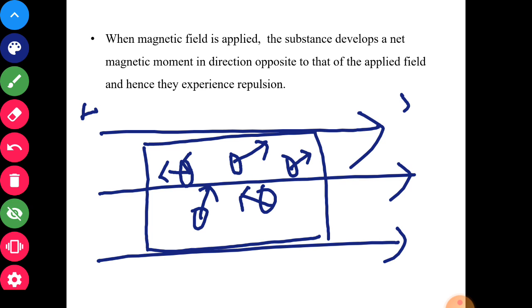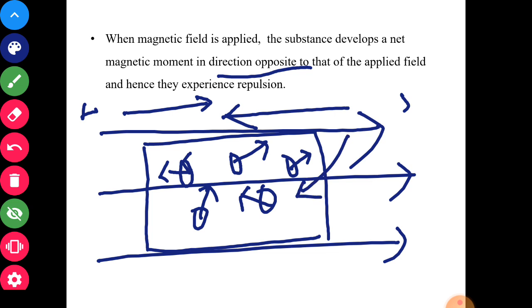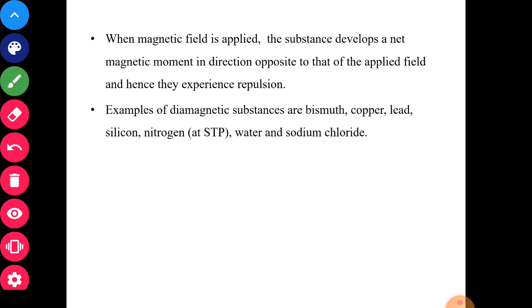Now all these magnetic moments will be aligned in the direction opposite to the applied field. The applied field is from left to right, so all the magnetic moments inside the bulk material will align in the opposite direction, and that is why they experience repulsion.